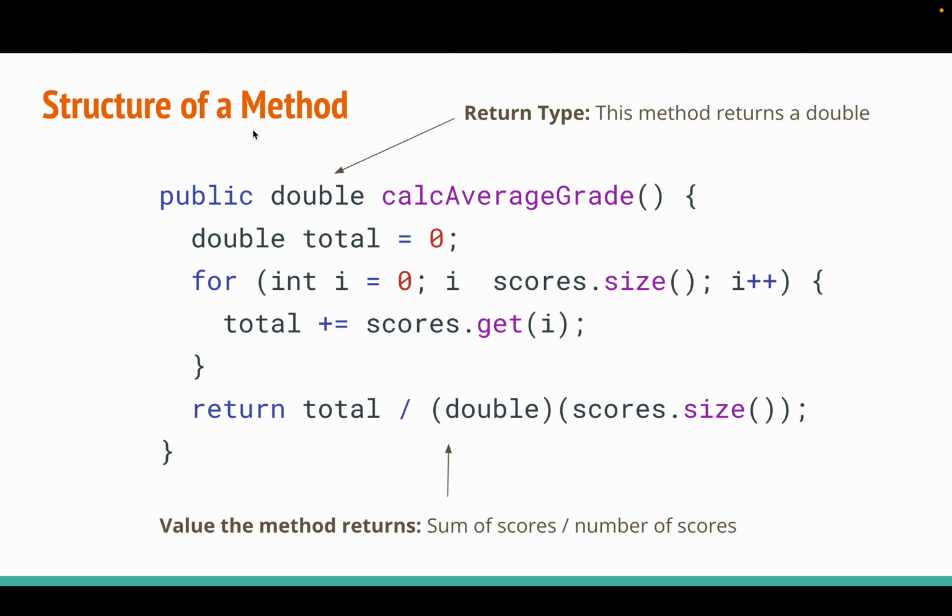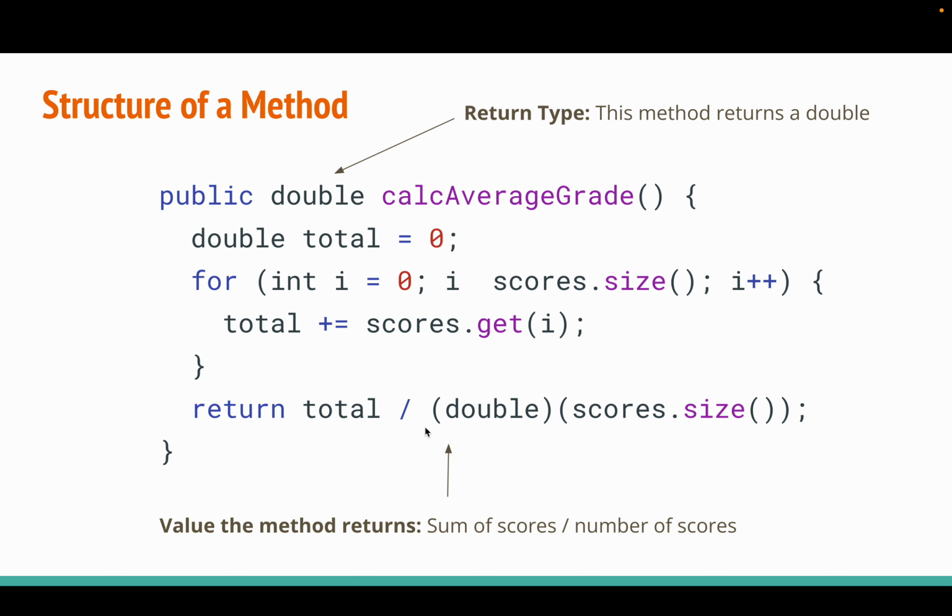So let's look at the structure of a method. Right here, let's see calc average grade. You can see it's saying that it's going to return a double, and then this is the actual return statement, which tells you what it's returning. In this case, it's returning total, which is the sum of the scores, divided by the number of the scores. You'll notice we have total divided by, in parentheses, double, and then scores.size.